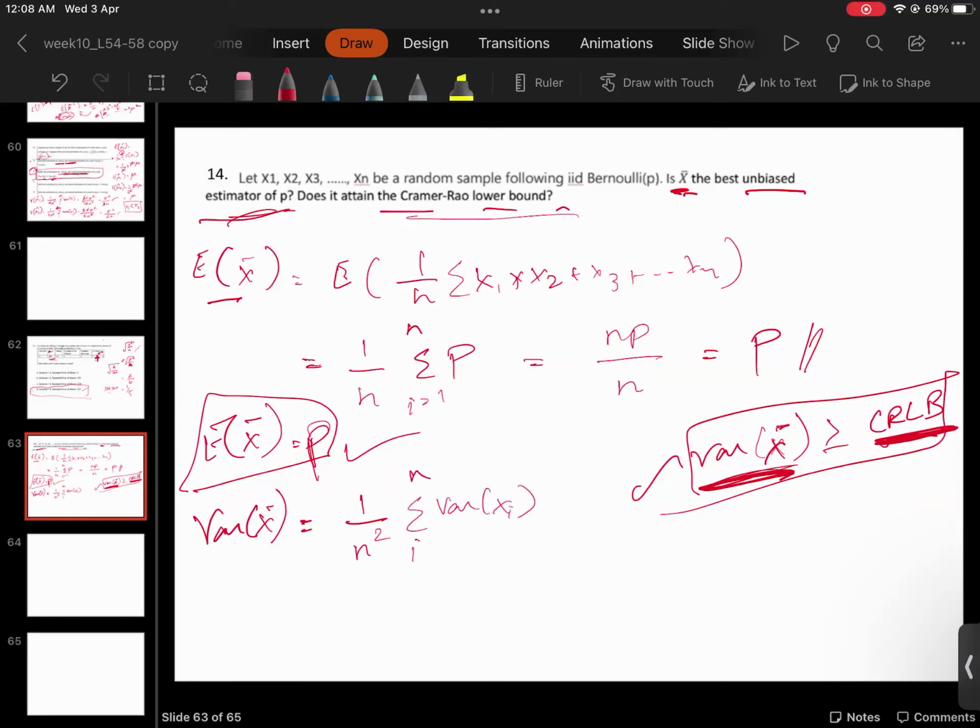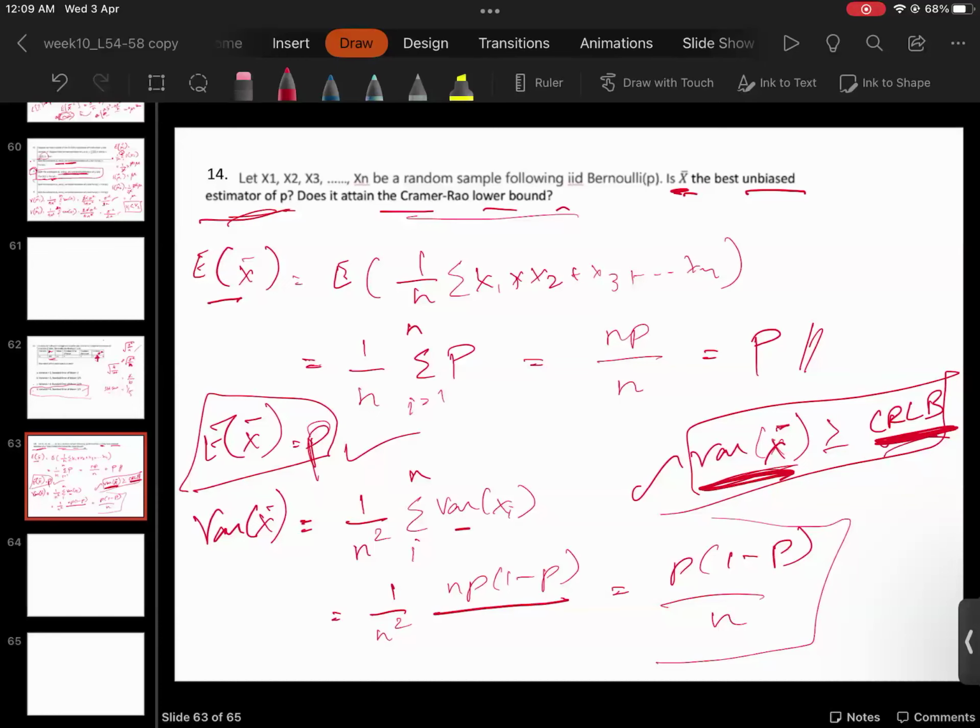So what is your variance in your Bernoulli distribution? This would be np into 1 minus p. And we already have this n square. So this gives us p into 1 minus p divided by n. So this is your variance of x bar.